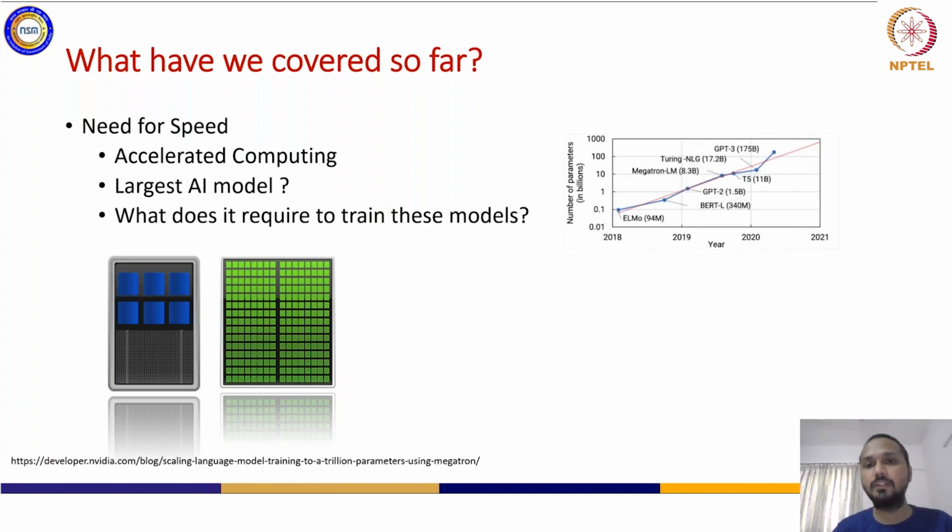You can see here 2018 till 2021 on the x-axis. What you see on the y-axis is the number of parameters required to train that model, in billions. Today, if you are talking about models in the space of speech, you can see here GPT.